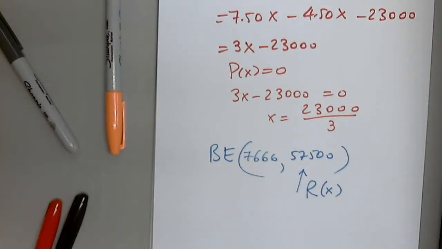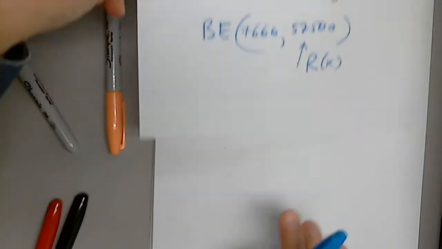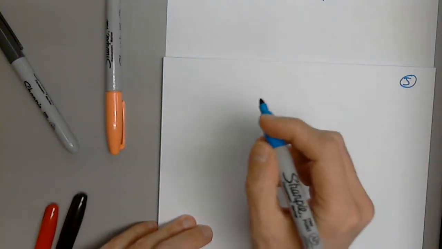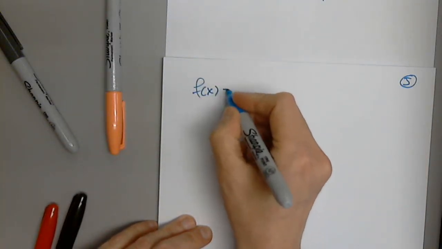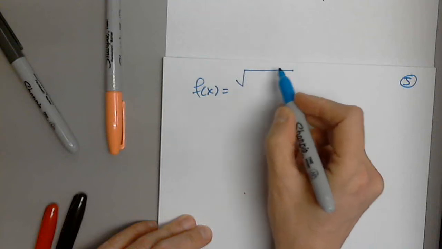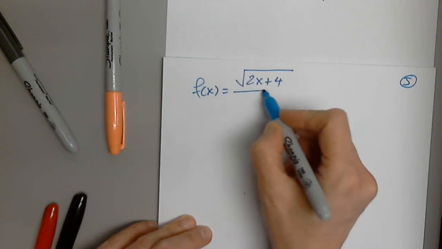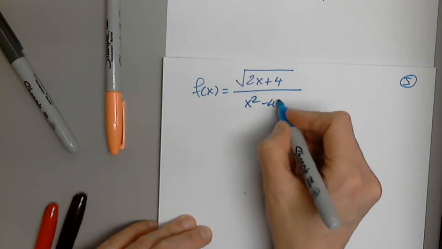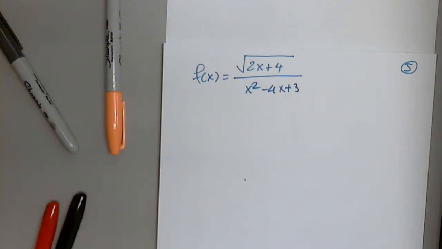Good. Next question, please. I would like to look at number 4. In number 4, we have a function. And my apologies, April, I just realized we only looked at the denominator, we did not look at the numerator.